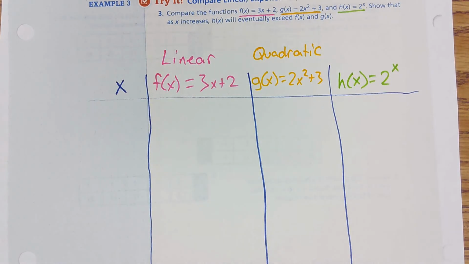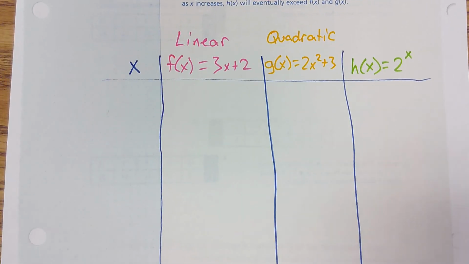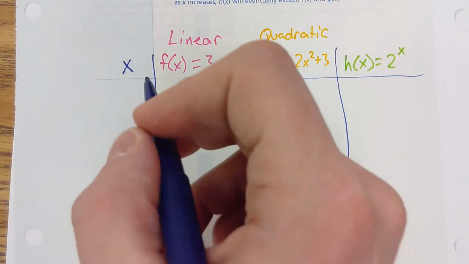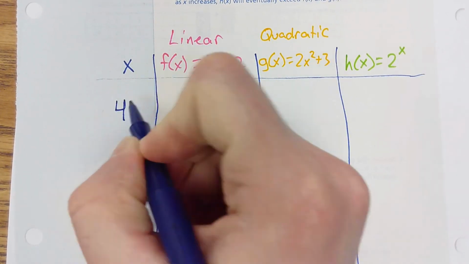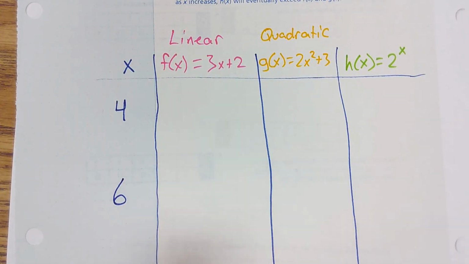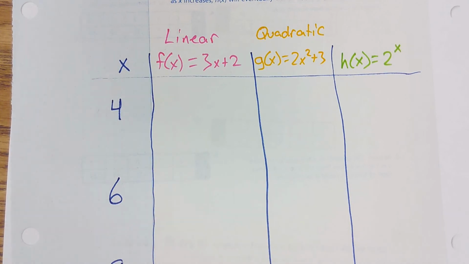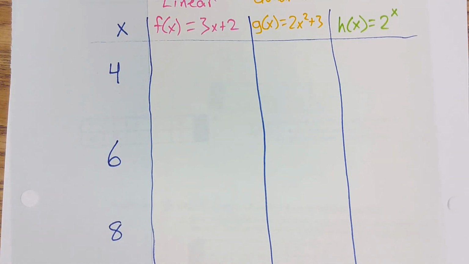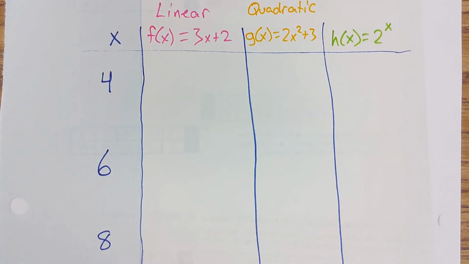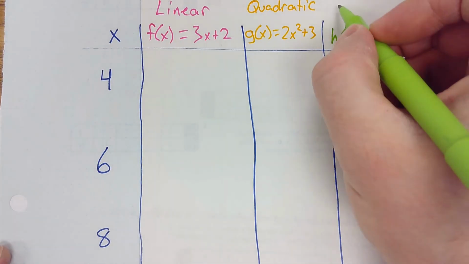And I want to compare these three functions at specific x values. We're going to look at x values of 4, 6, and 8, and see how these functions are growing over that time period.